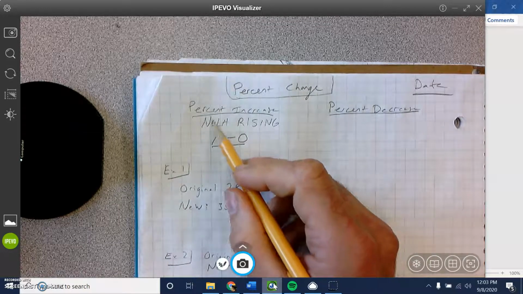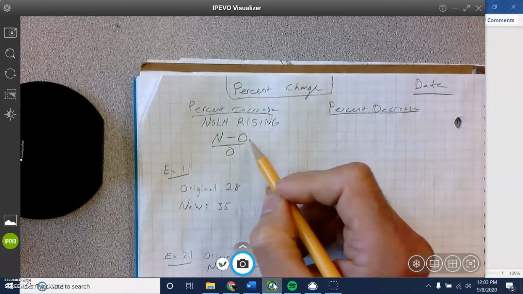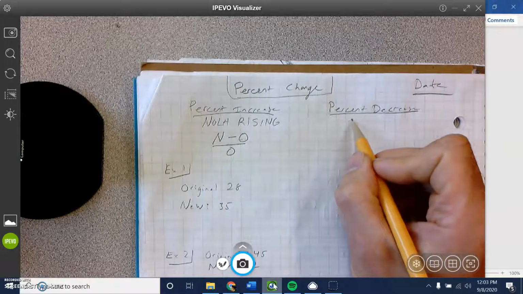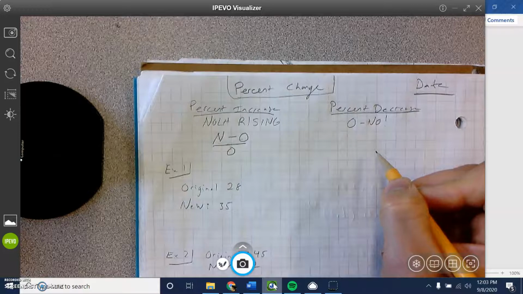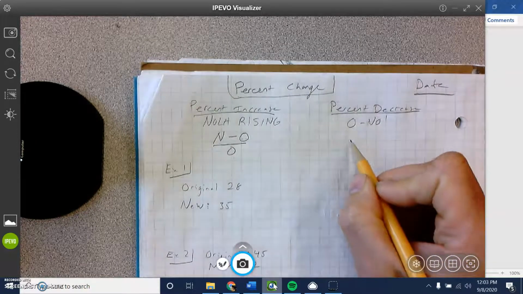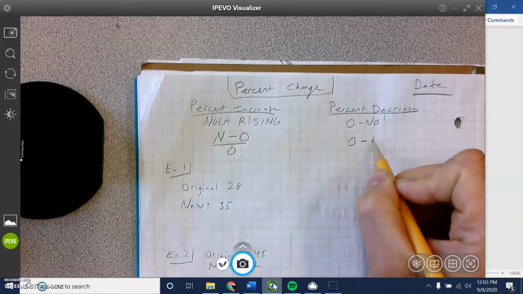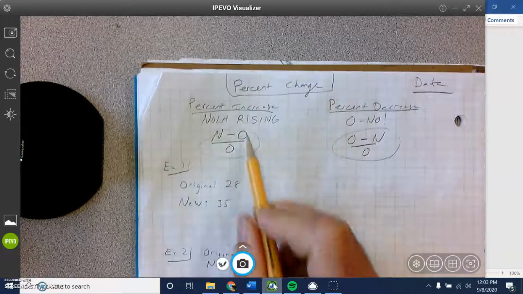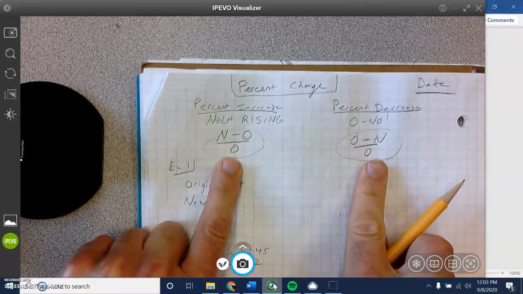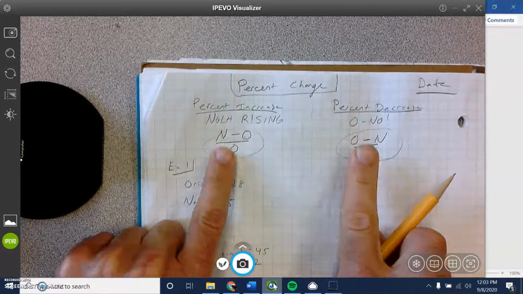Percent increase is NOLA rising, N-O like that. Percent decrease, oh no. Oh no! It's decreasing, oh my god! Old minus new over old. Bam, bam. Notice how old is the denominator on both? That is a key thing.